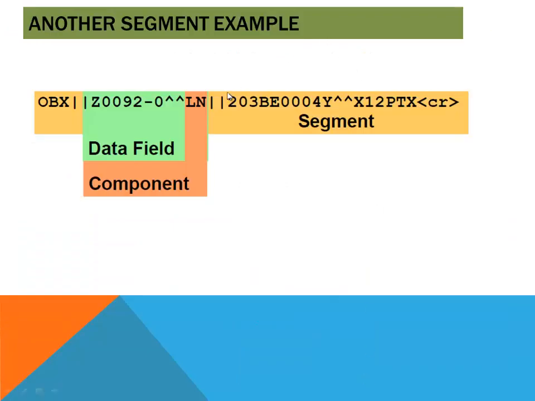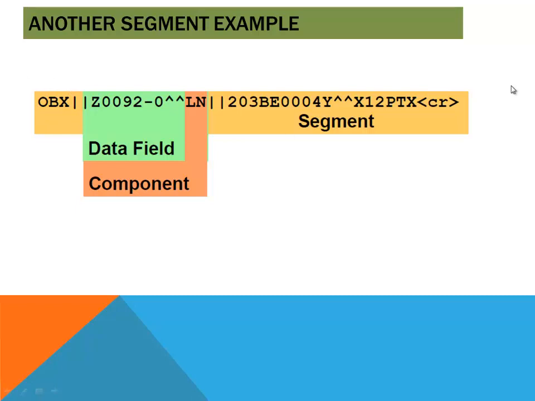So this shows a whole segment example with some data fields and components. This is an OBX segment. This is the identity code to identify this segment.